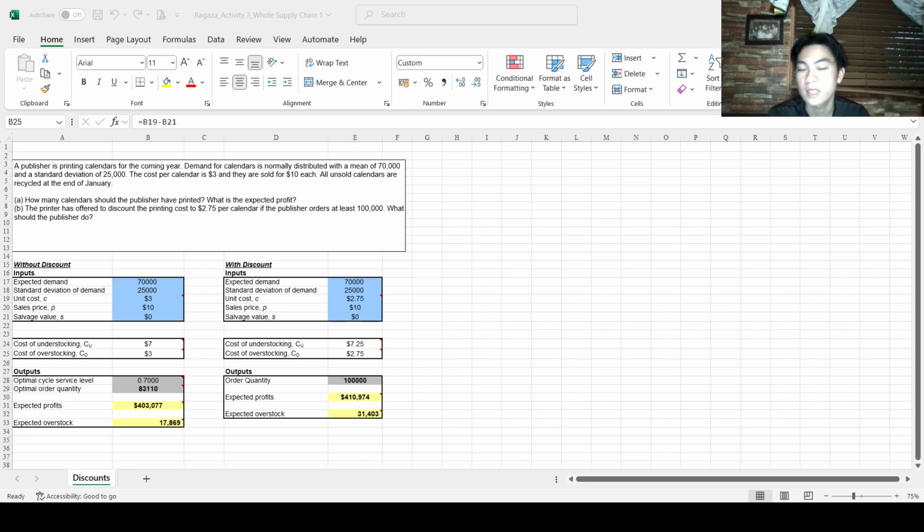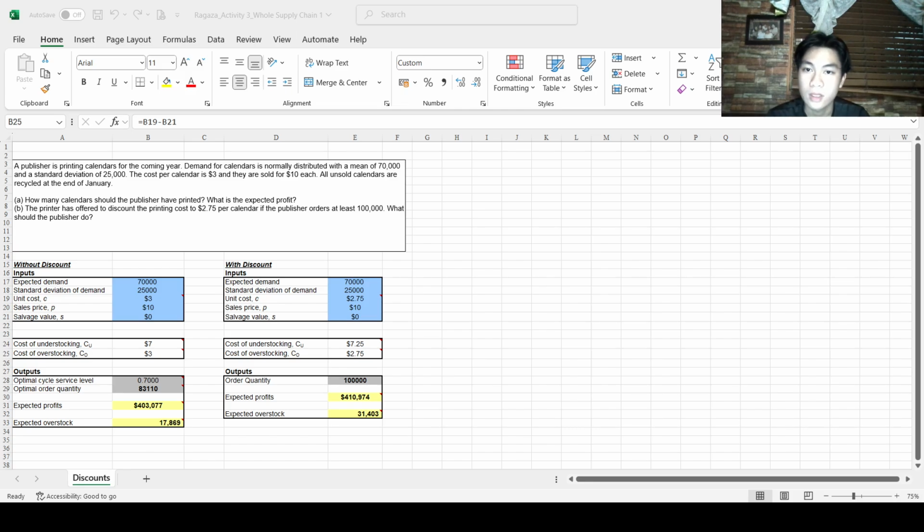For the table without a discount, the expected demand is 70,000 with a standard deviation of 25,000, while the given unit cost, or the regular price, is set at $3 and denoted as letter C, the sales price is set at $10 and denoted as letter P, and the salvage value is set at $0 and denoted as letter S.